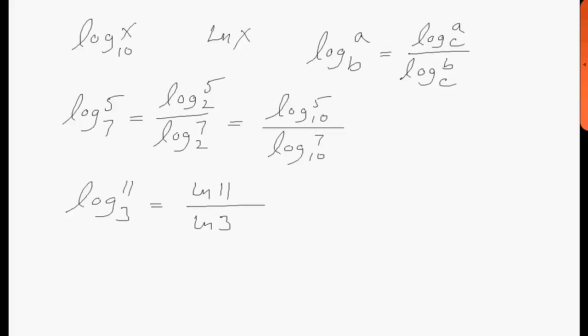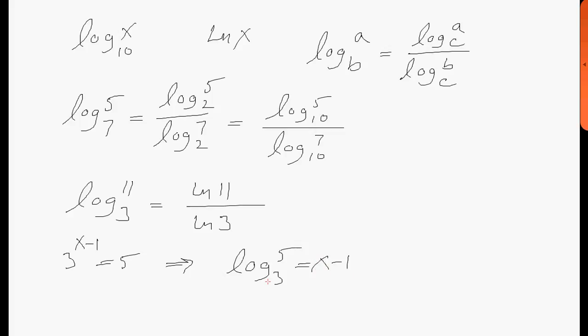Okay, so let's look at one example in which you need to do that. 3 to the power of x minus 1 equals 5. This is the same as me saying log 5 base 3 is x minus 1.